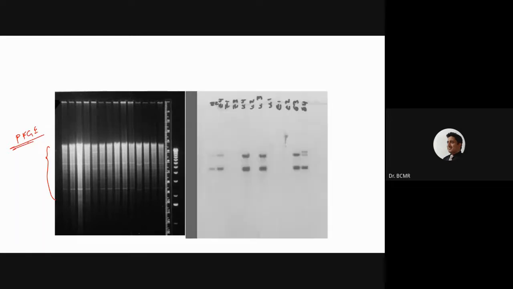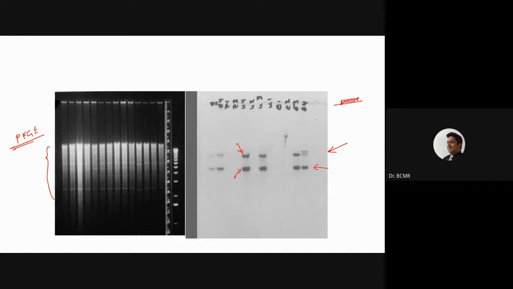Sometimes we may have to use pulsed field gel electrophoresis, but we don't have to bother about it right now. After blotting and development of the autoradiography, we will see bands like this. So if there are two bands here, what does that mean? It means there are two of these, whatever the probe, which I've just picked up from a random experiment from somewhere.